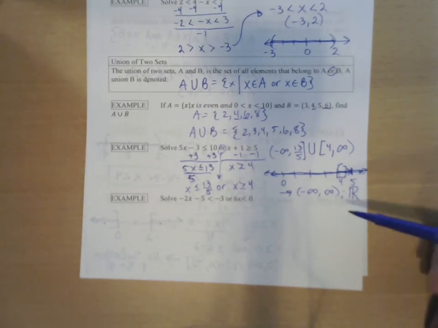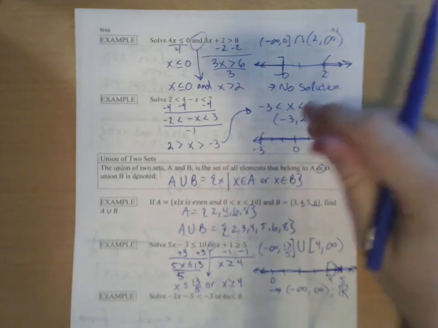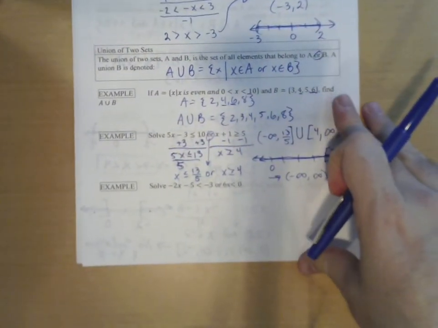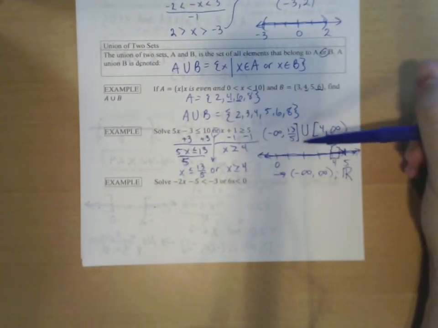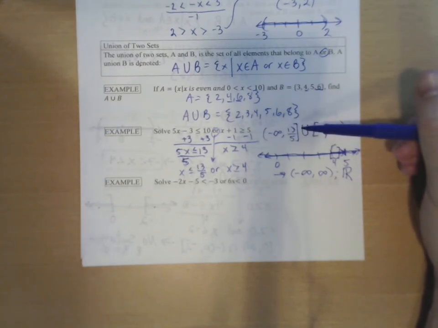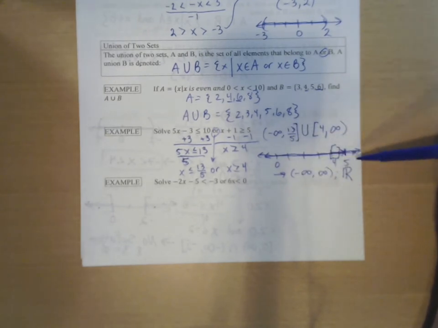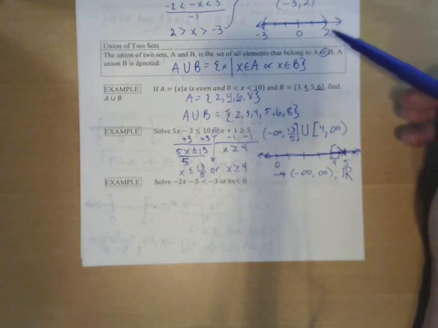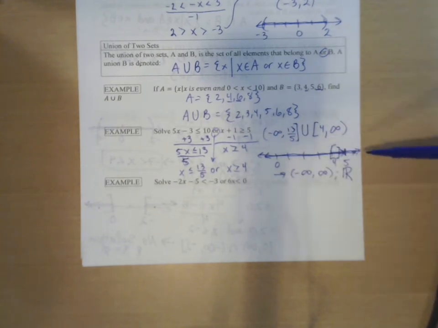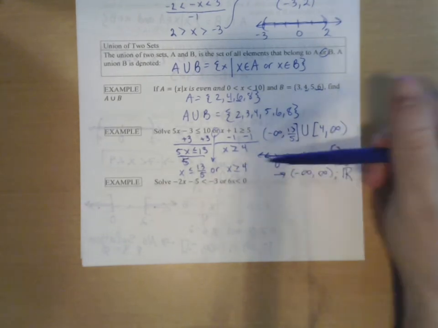And again, just like with intersections that have no solution, unions always have a solution. If you can't see from your intervals that it's all real numbers, you can just graph it like we did above, and you'll see that it is all real numbers because everything on the number line gets crossed over.